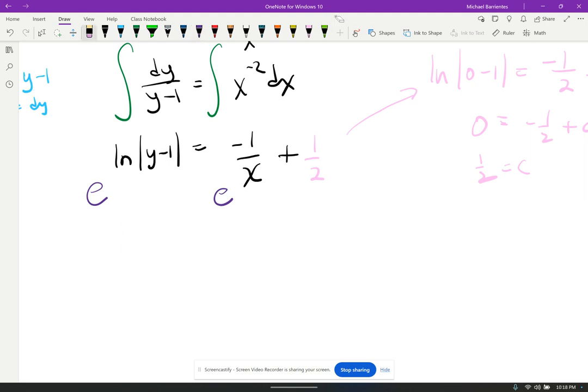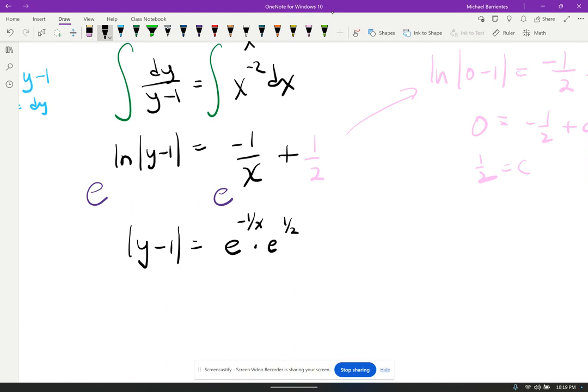Let me go back to my black marker here. Y minus 1. On this side, I have e to the this plus that. Remember that whenever we add exponents, that's the same thing as e to the negative 1 over x times e to the 1/2. I separated them into two pieces.